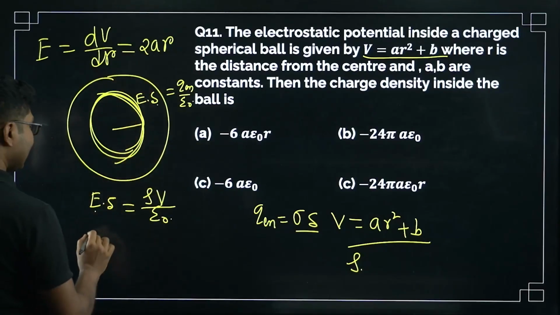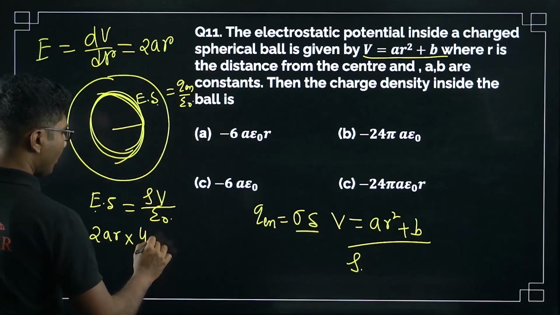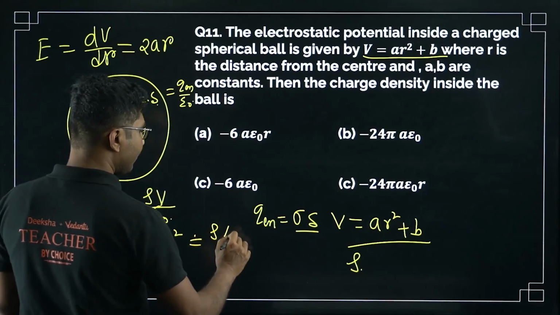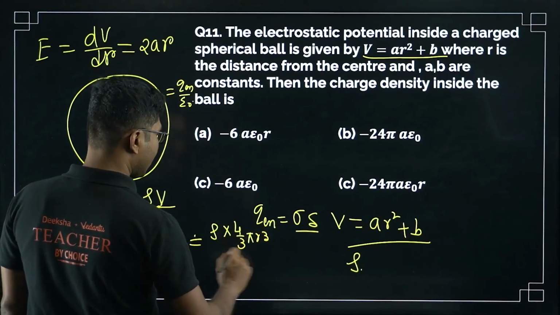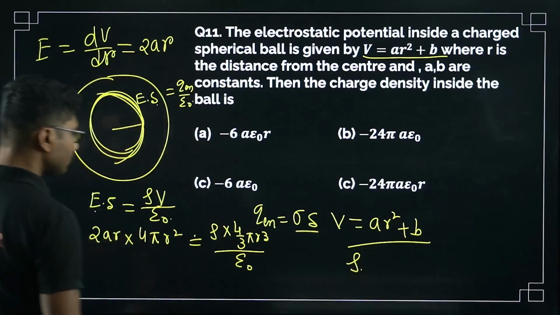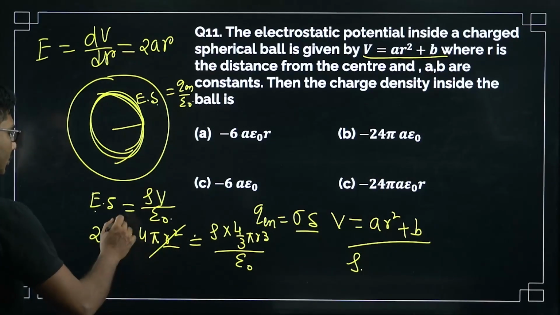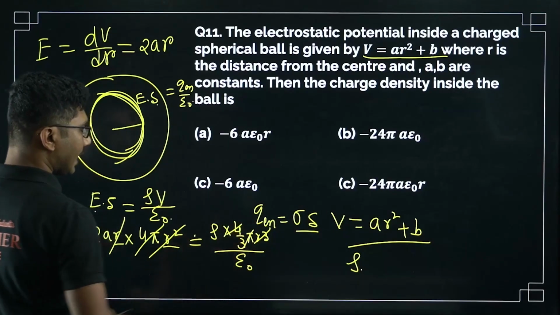What is E? E is 2Ar. What is surface area? Surface area is 4 pi r square, equals rho. What is V? V is 4/3 pi r cube, divided by epsilon naught. Right, now you can see that r square into r is r cube. So r cube cancels, 4 pi cancels.